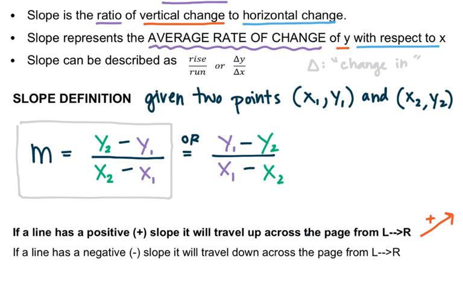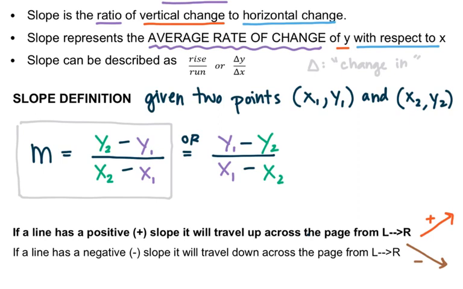However, if it has a negative slope, the line will fall from left to right as you draw across the page. We generally always draw left to right. The way we read in America is left to right, so that's kind of the way we draw. So we just want to make sure that we keep that path of slope, the direction that it's going, in mind when we start talking about graphing, which we'll get to in a little bit.